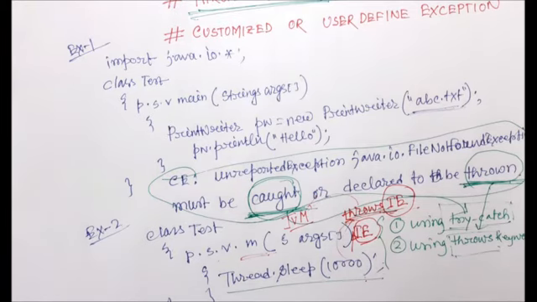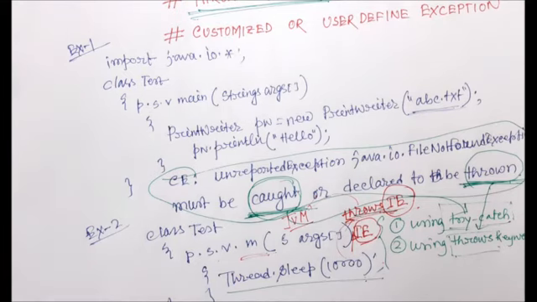So we can use the throws keyword to delegate responsibility. Later, in an example, we will show what delegating responsibility means. It means I am not going to handle this exception; it will be handled by whoever is calling this method, where the exception arises.